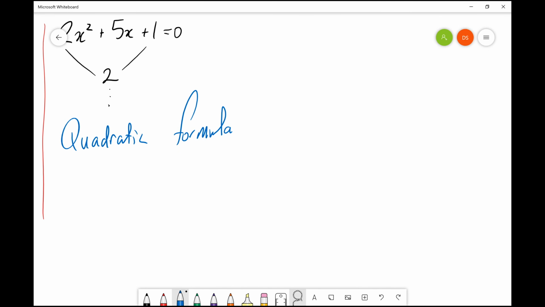Okay? So the quadratic formula is a way of solving quadratics in a certain form.